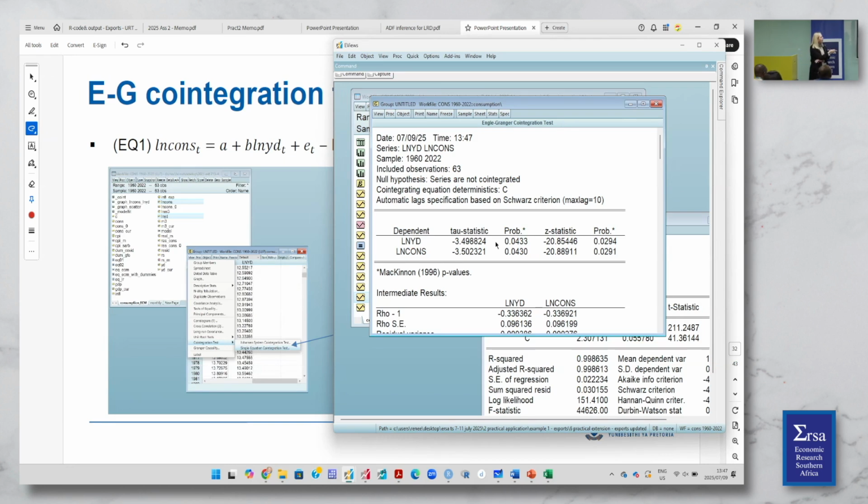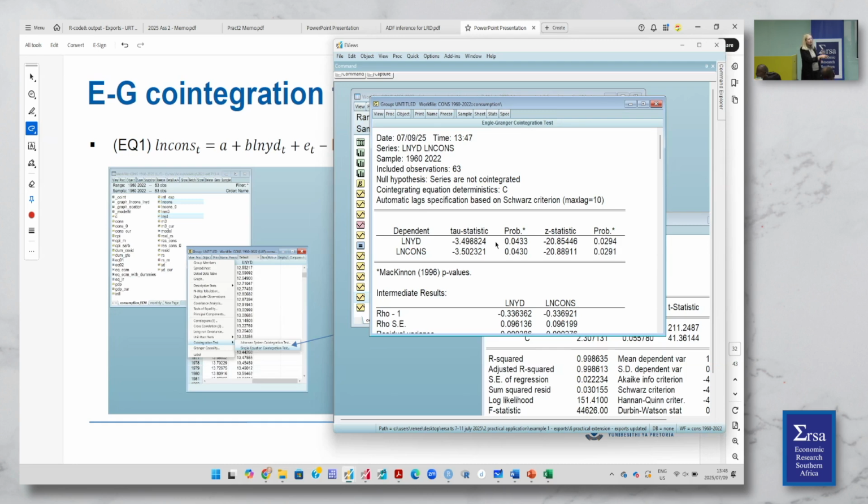So read the English. We're testing for co-integration between income and consumption. The null is no co-integration. We run this regression, we save that residual, we now perform a unit root test on that residual, so that is the tau. On the test regression on that rho star, that's the tau.